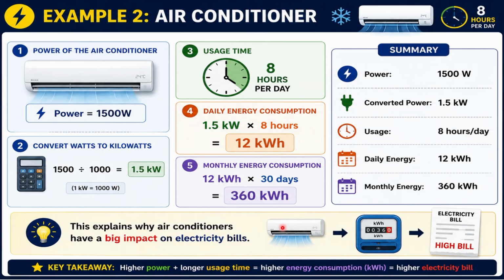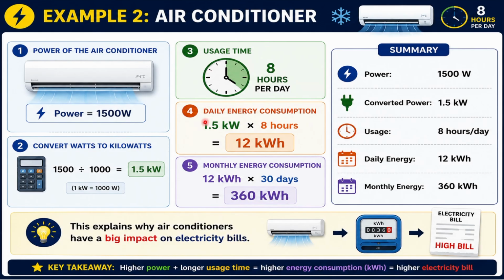An example: let's say we have an air conditioner that has a power of 1500 watts. We want to calculate the energy it uses in a period of 8 hours. The first thing we need to do is convert that power into kilowatt. So 1500 divided by 1000 is equal to 1.5 kilowatts, and it is used 8 hours per day.